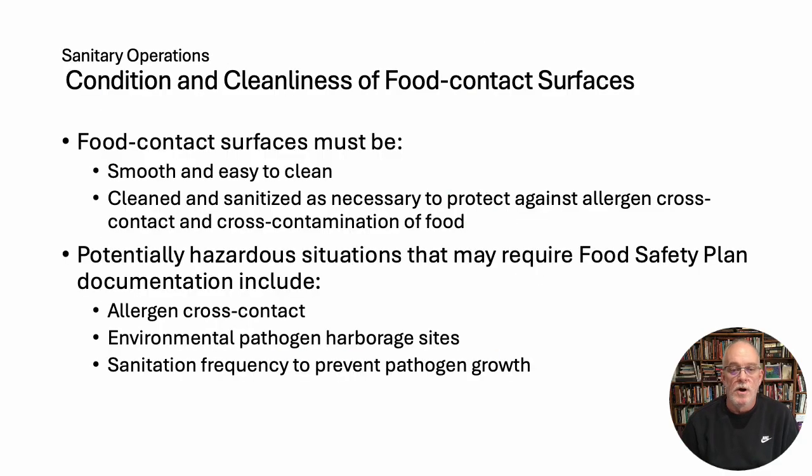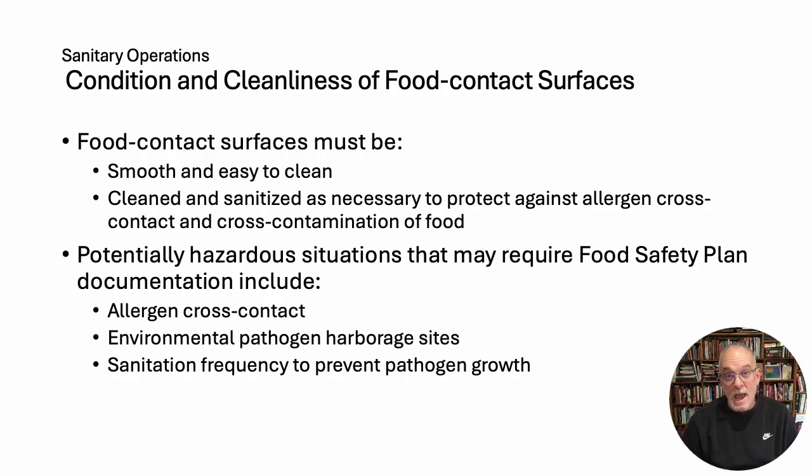So we want to make sure our food contact surfaces, the surfaces that come in direct contact with the food, utensils, cutting boards, certain equipment, are meeting certain criteria. There's an industry standard for some equipment, your NSF, or National Sanitation Foundation, type equipment. Those things are smooth and easy to clean.